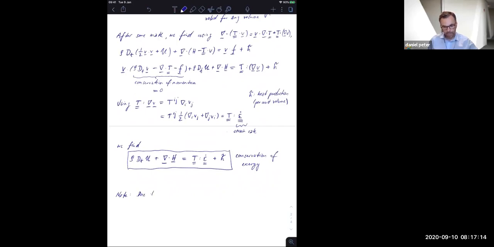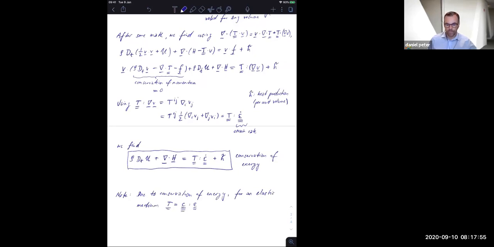Due to the conservation of energy, you see that for an elastic medium, where we have the stress tensor related to the strain by the elastic tensor C, that is Hooke's law for an elastic medium.